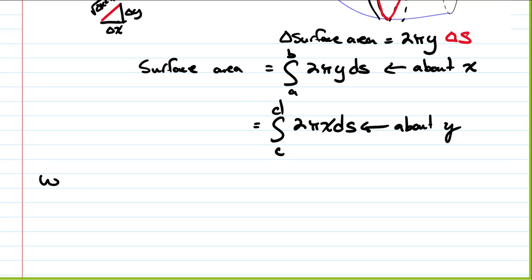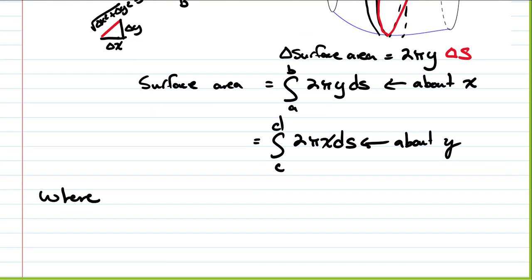So our ds can be factored in multiple different ways. As we saw up here, we have delta x squared plus delta y squared. If we factor out a delta x, we get the formula that we got last time. So ds is the square root of 1 plus dy/dx squared, dx.